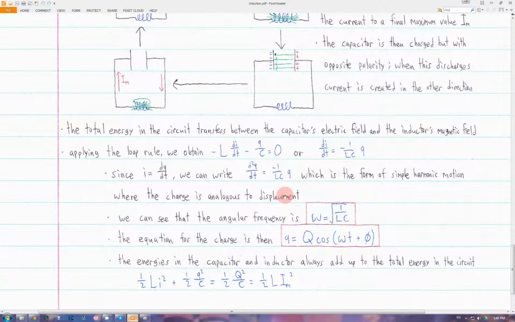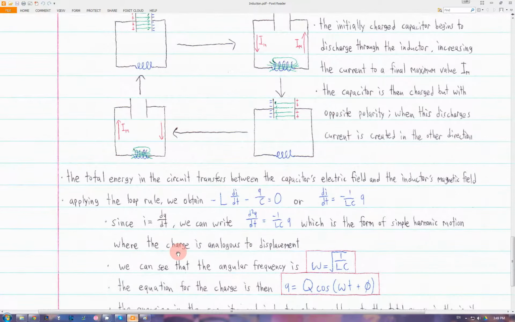And so in terms of energy, in an LC circuit, the energy is transferring between the capacitor and the inductor. So the total energy in the circuit is staying constant, and it's always equal to 1/2 L i squared, the energy in the inductor, plus 1/2 Q squared over C, the energy in the capacitor. So you can see it's being switched.